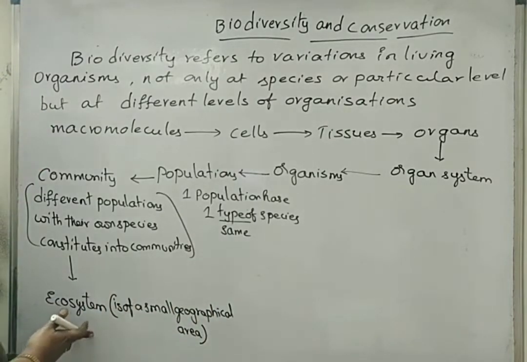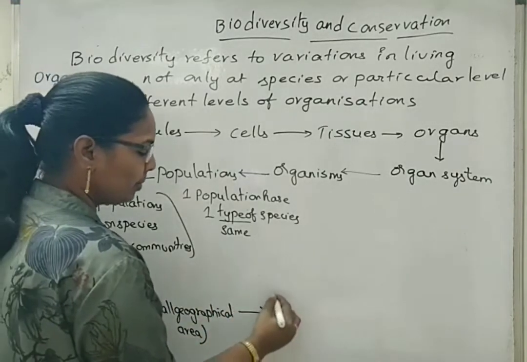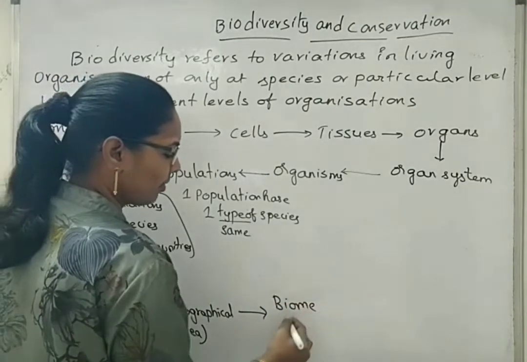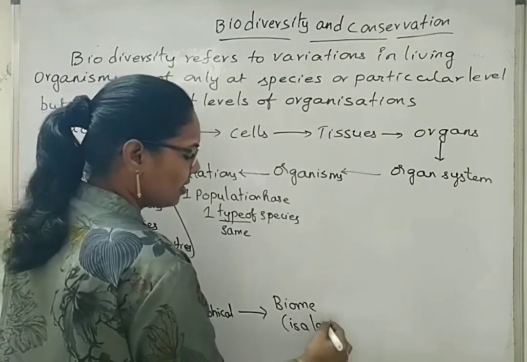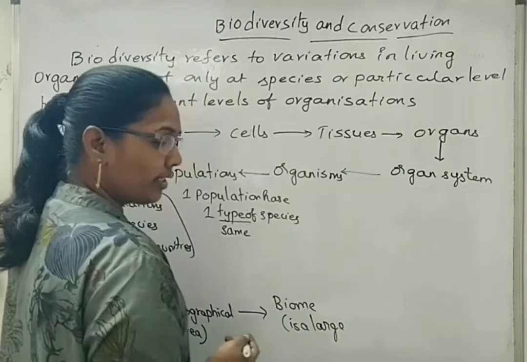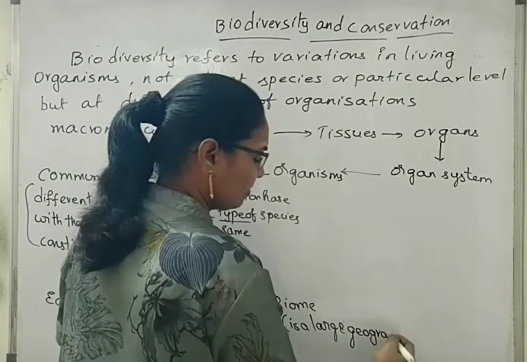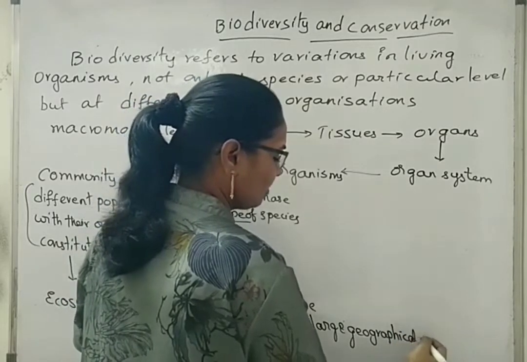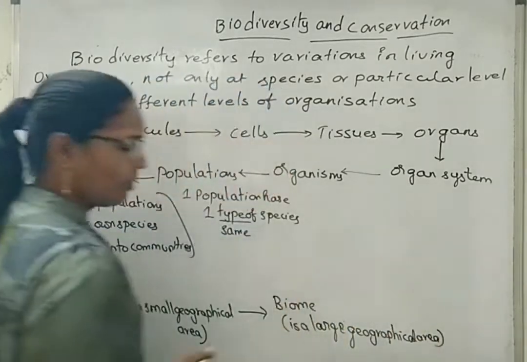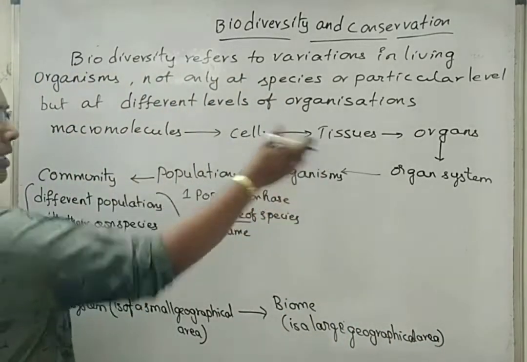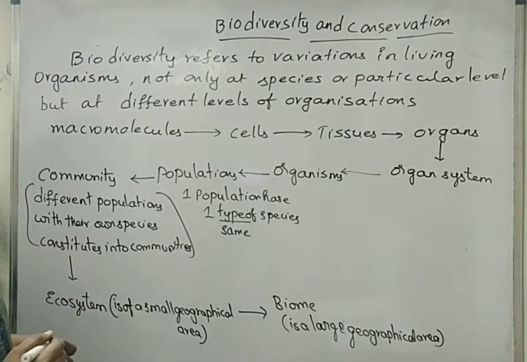Many such ecosystems constitute a biome. Biome is a large geographical area with different types of organisms. So at each level there can be some variations that lead to different types of biodiversity in the organisms.